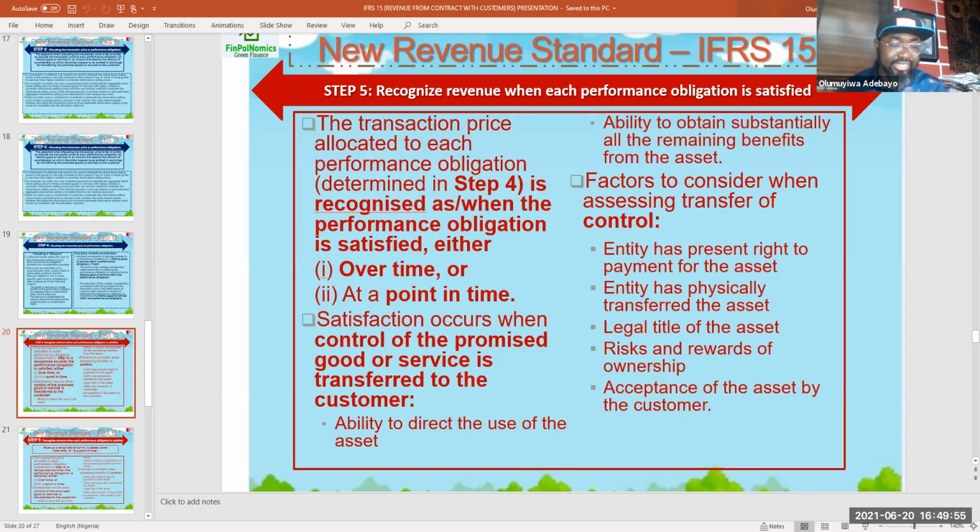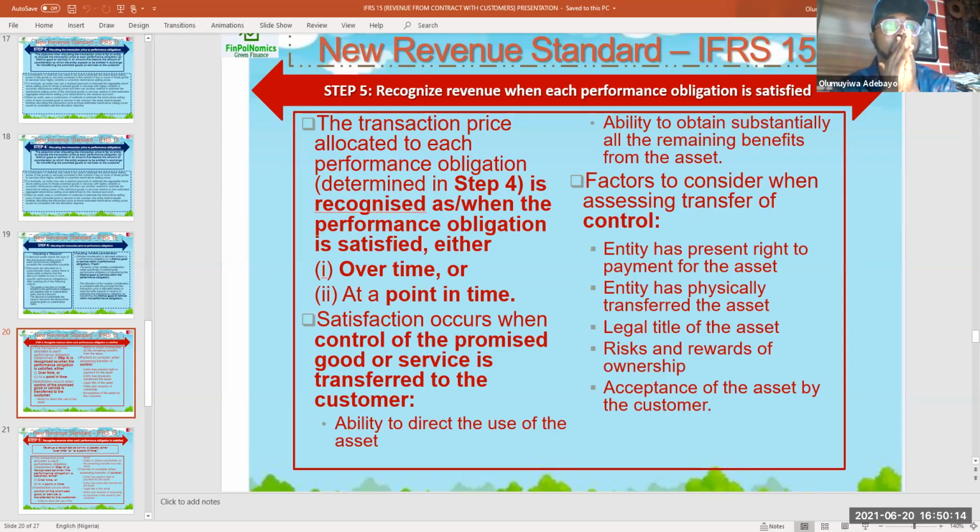Another one is if substantially the risk and reward associated with the ownership of that asset or good has been transferred to the customer.